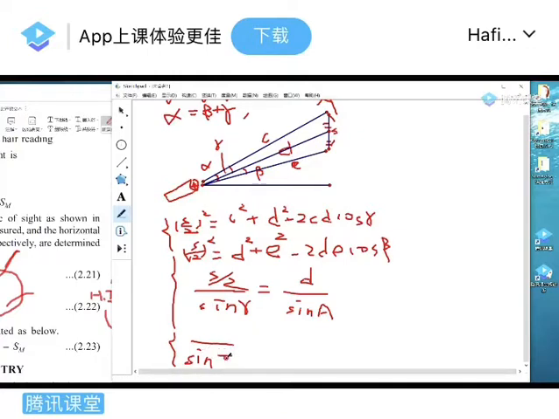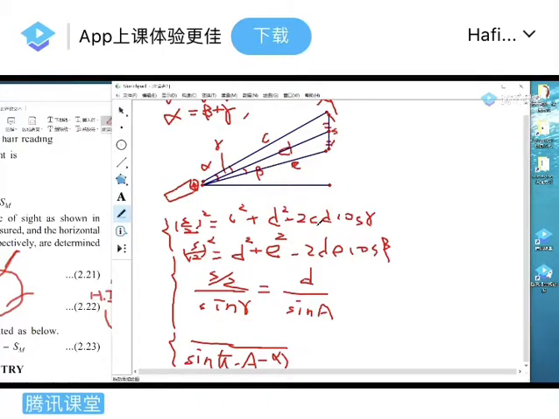So now it will be pi minus this angle, which we already called A. Of course, you have to minus alpha as well. Pi is known, alpha is known, A is unknown. So now the only unknown is A.